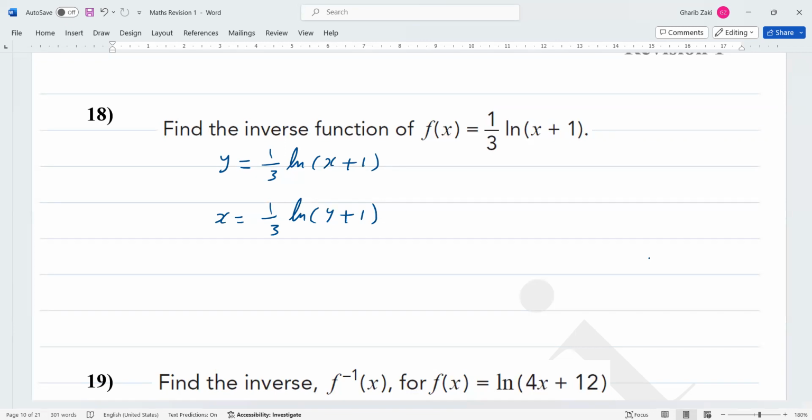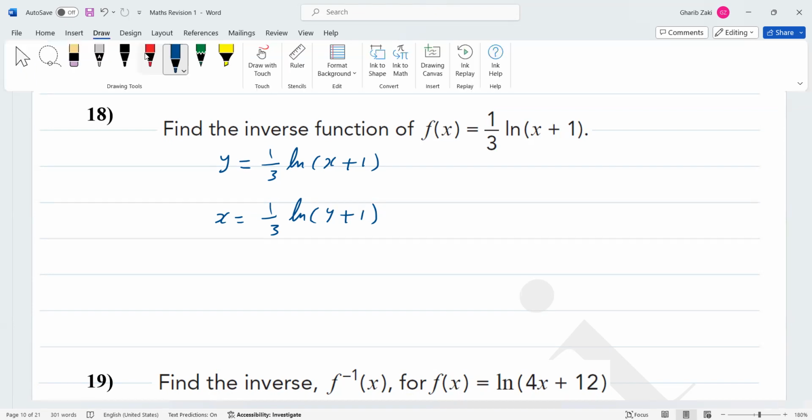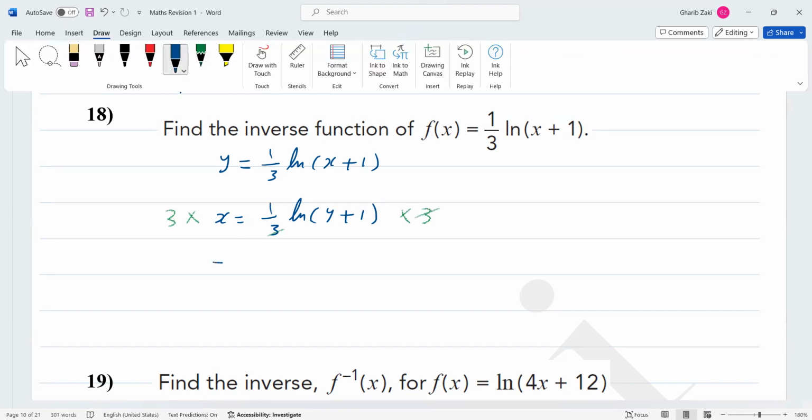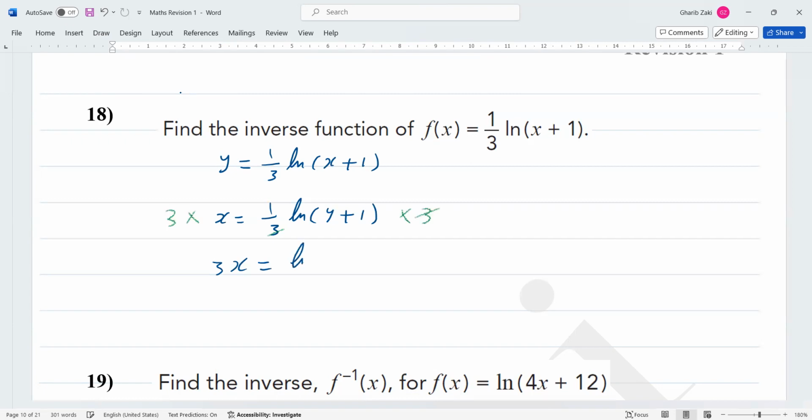Multiply by 3 to cancel this 3. So multiply by 3 both sides, to cancel 3 with 3. 3x equals ln(y plus 1).